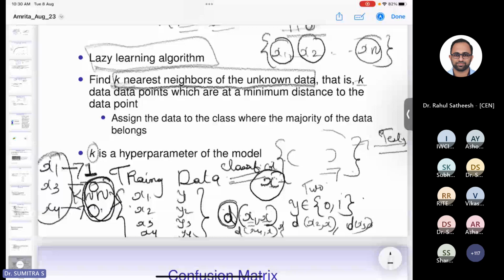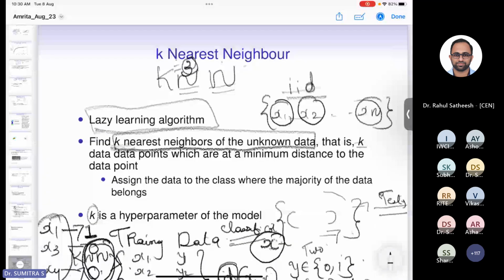Here, K is called a hyperparameter because we have to set whether K equals 3 or K equals 4 or K equals 5.